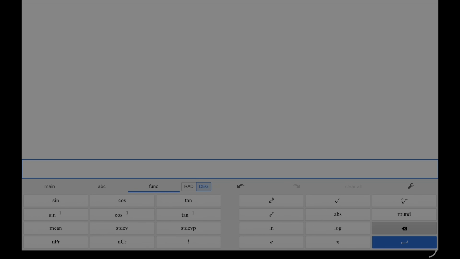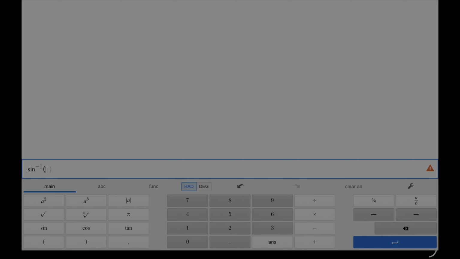I am in radians now. Inverse sine 0.8. I get a radian measure of 0.927295.